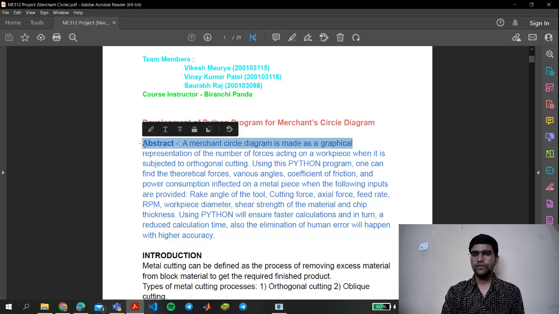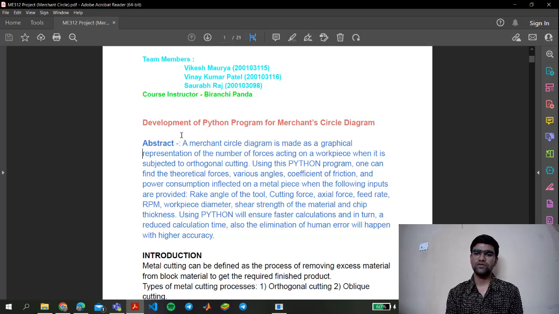Now, in the introduction part, the abstract: what is the merchant circle? The merchant circle diagram is a graphical representation of the forces acting on the workpiece, and it is used when we have orthogonal cutting. There are two types of cutting: one is orthogonal and the second is oblique cutting.